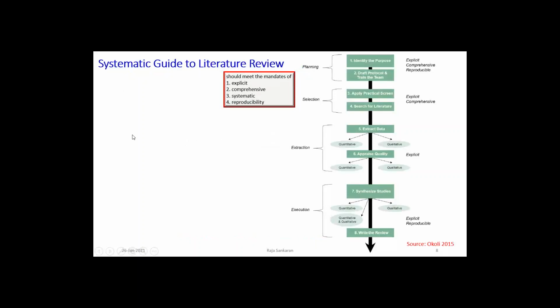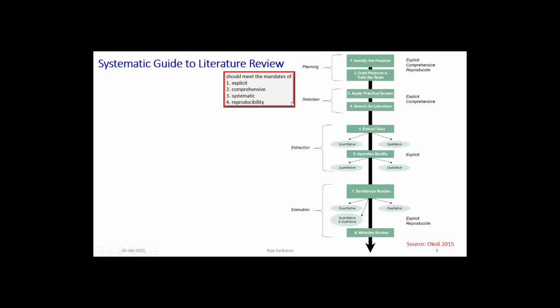Moving on further. This is a flow chart provided by Okoli, the author who has provided it. It's a very good paper as well. If you look at the PRISMA approach versus this, there are a lot of similarities. For example, you identify the purpose, so you have some objective in place.